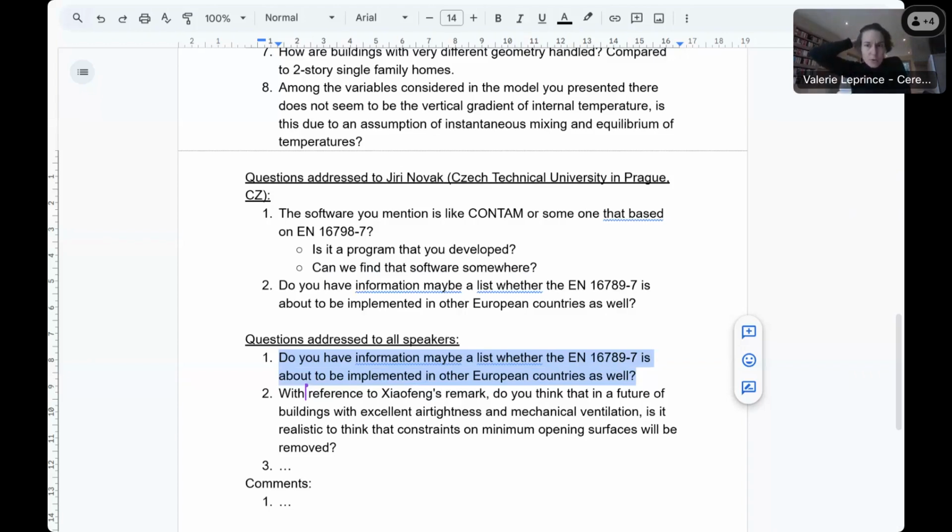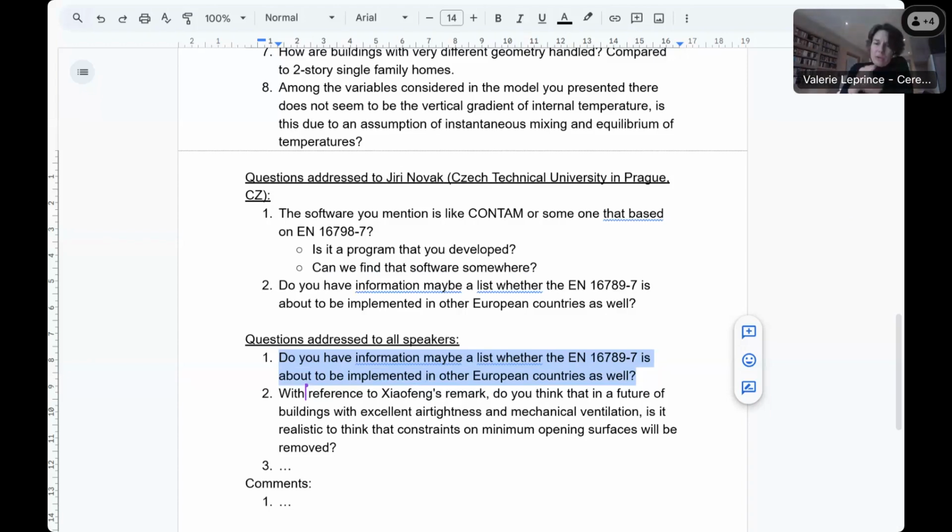the questions to everybody. So actually, every European country is supposed to at least take into account EN 16798-7 in their country. But as I said, there are two options, method 1 and method 2. And method 2 allows a simplified calculation and not the dynamic calculation.